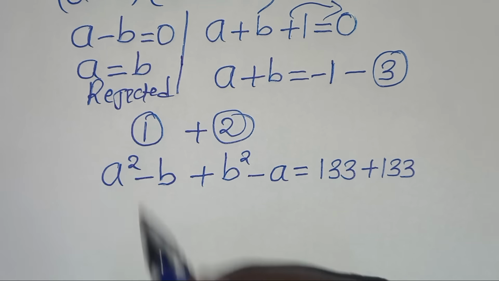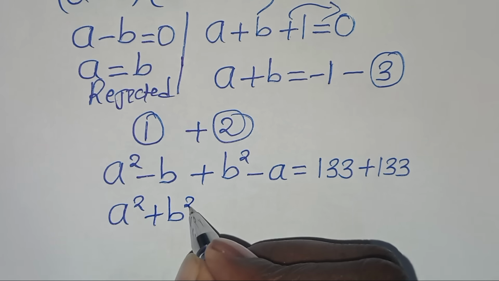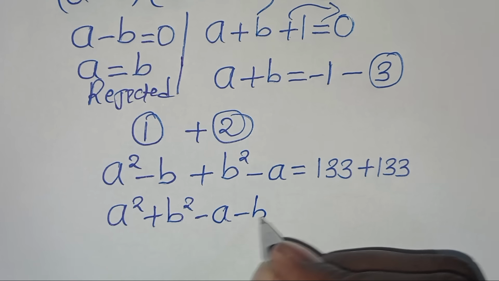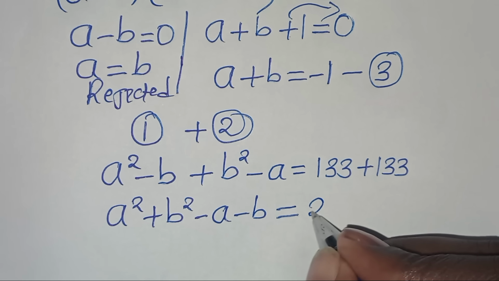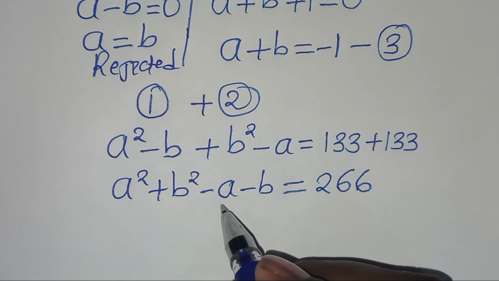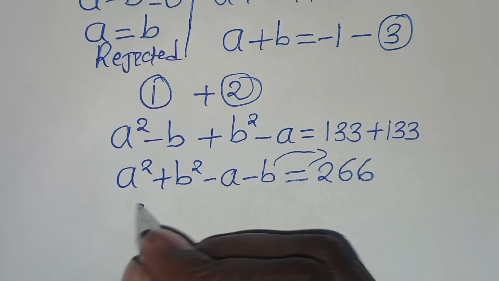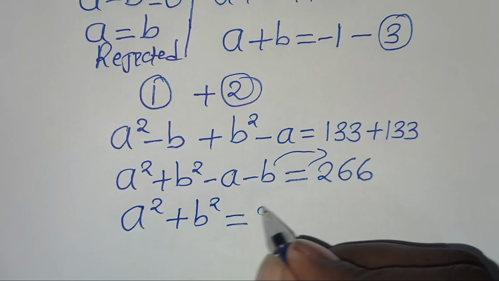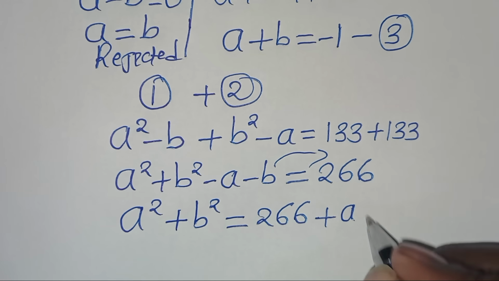So this implies that we have a squared plus b squared, subtract minus a, subtract b, equal to 133 plus 133, which is 266. Now, let's take minus a minus b to the right hand side. And this means that we have a squared plus b squared equal to 266 plus a plus b.